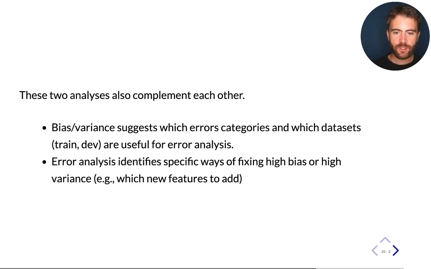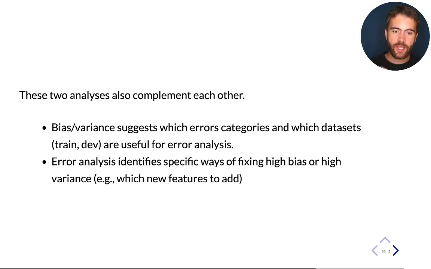So we can determine whether we need to perform error analysis on the training or on the development set using bias variance. It can also provide examples of the kinds of categories that are useful to look at. So for example, dogs where we're missing the training label, it can provide additional intuition for the kinds of categories that we might expect when we perform error analysis.